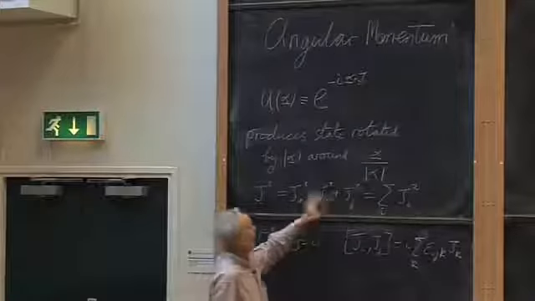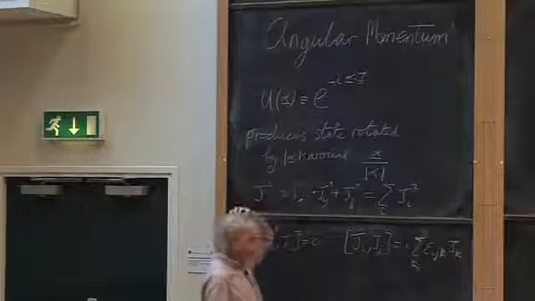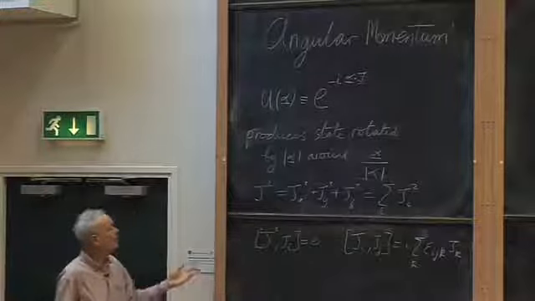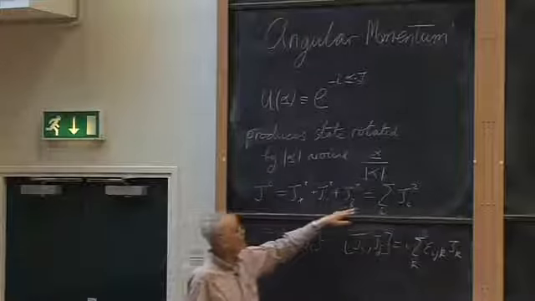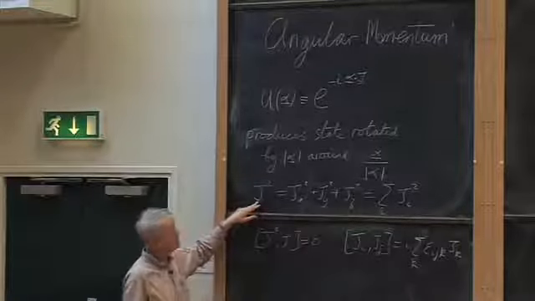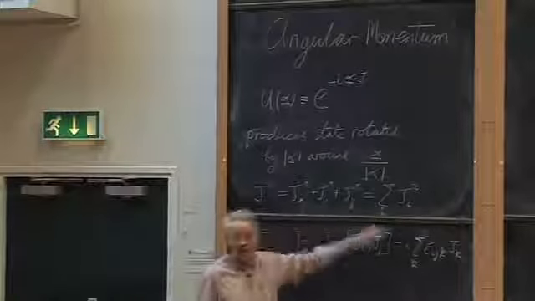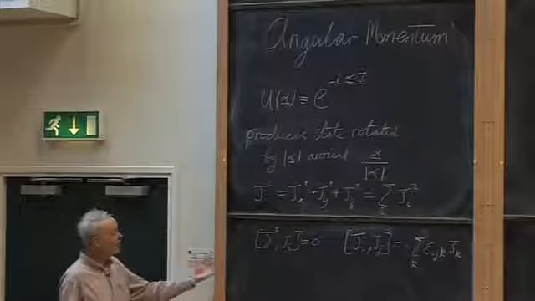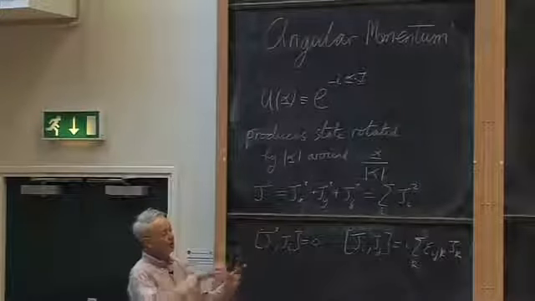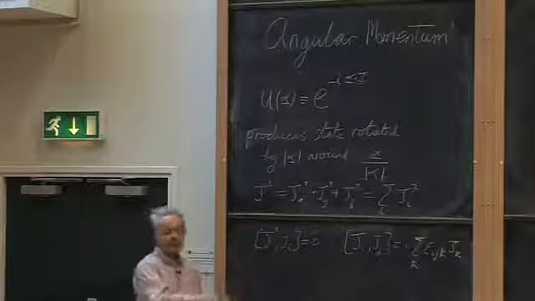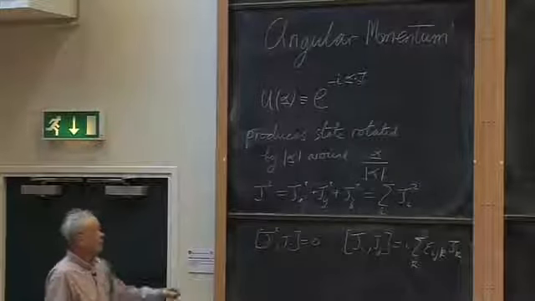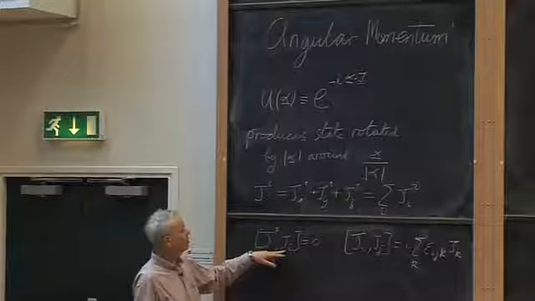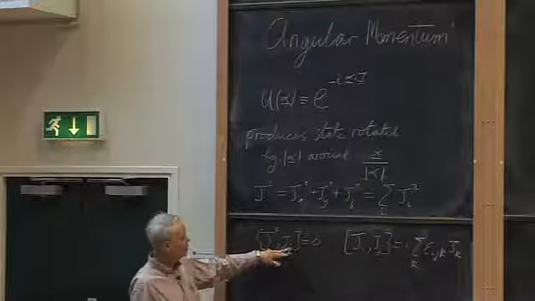Okay, so we have those three operators. They're the generators of rotations, respectively, around the x-axis, the y-axis, and the z-axis. Out of them, because they're Hermitian operators, we can construct another operator called J squared as the sum of the squares of the operators. And we have a set of four operators, and by considering what happens when you make rotations around different axes, we demonstrated that J squared commutes with all of Jx, Jy, and Jz.